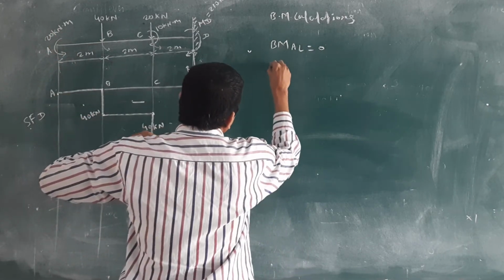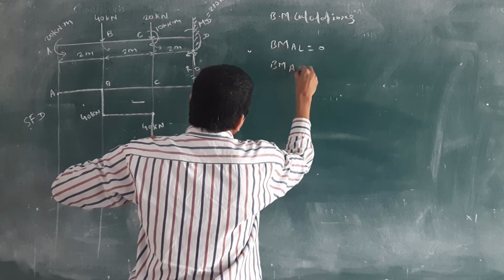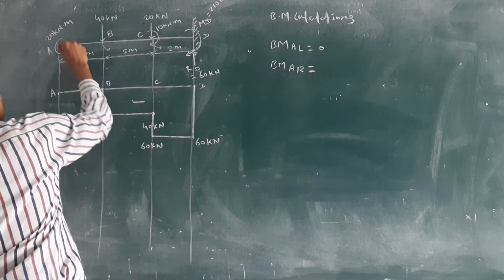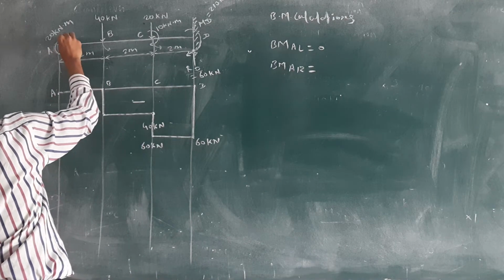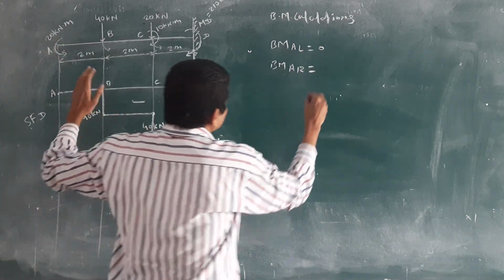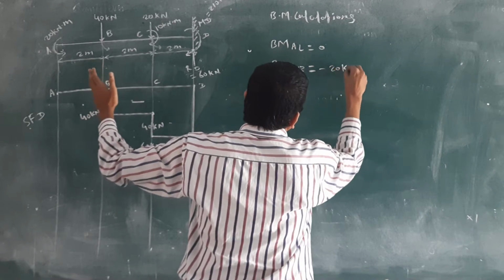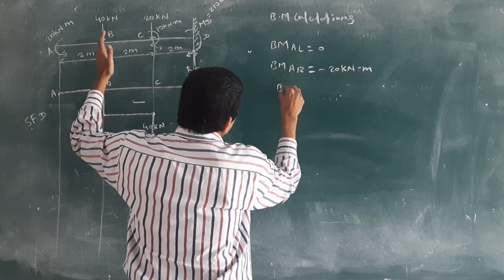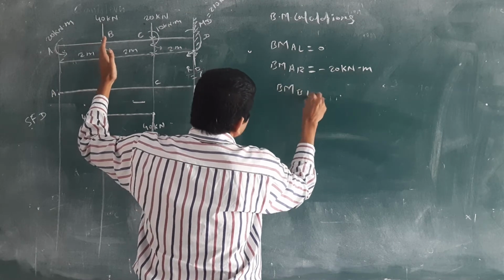Okay. And if you are coming to the just right side, bending moment at A, just right side, check here, it is an anti-clockwise moment. We are coming here, then we consider minus 20 kilonewton meter. Then next, bending moment at B point, just left side.